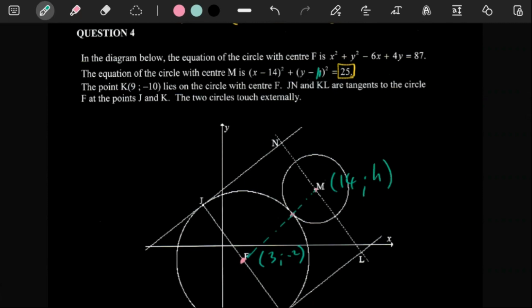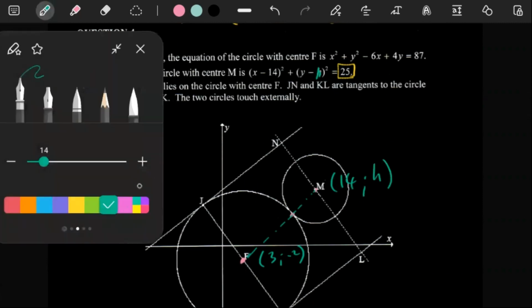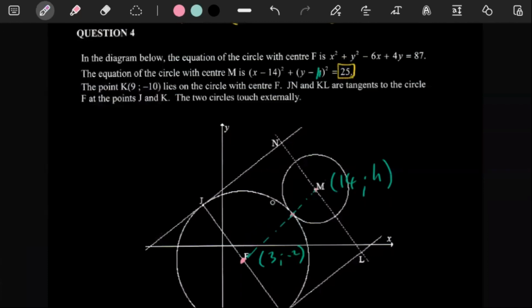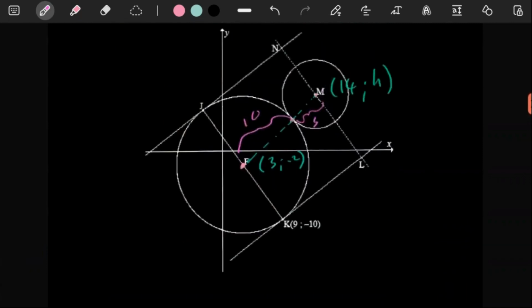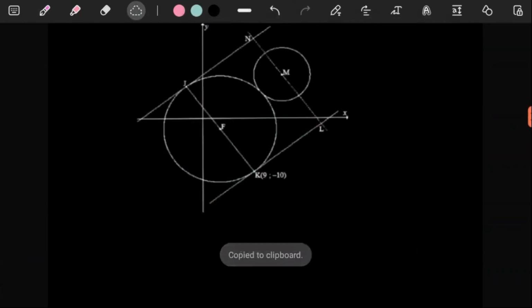We have the radiuses of the 2 circles. The radius of the first one is 10, and the radius of this one we worked out to be 5. So the distance there is just 15. So we can use the distance 15 to help us get h. So that question is actually quite straightforward.